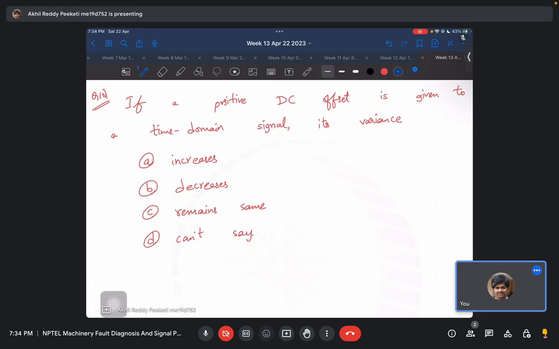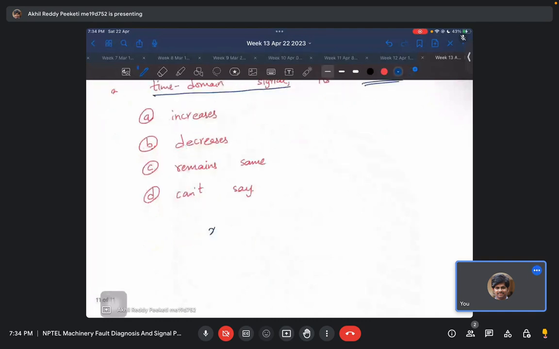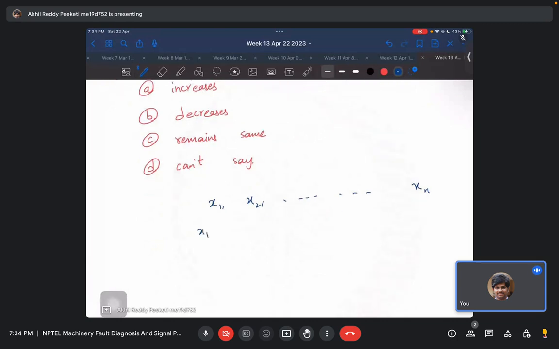If a positive DC offset is given to a time domain signal, its variance increases, decreases, remains same, or can't say. Let's say you have the data x1 to xn. If you are adding a positive offset, then your data would be x1 plus delta, and so on.